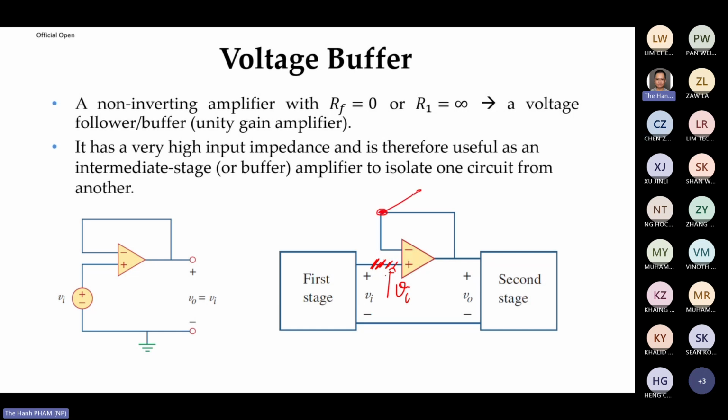So at this point, the voltage also VI. And here also VI. So the voltage entering the second stage is actually VI. Right? Yes. So if you have a buffer like this, you can avoid the loading problem.